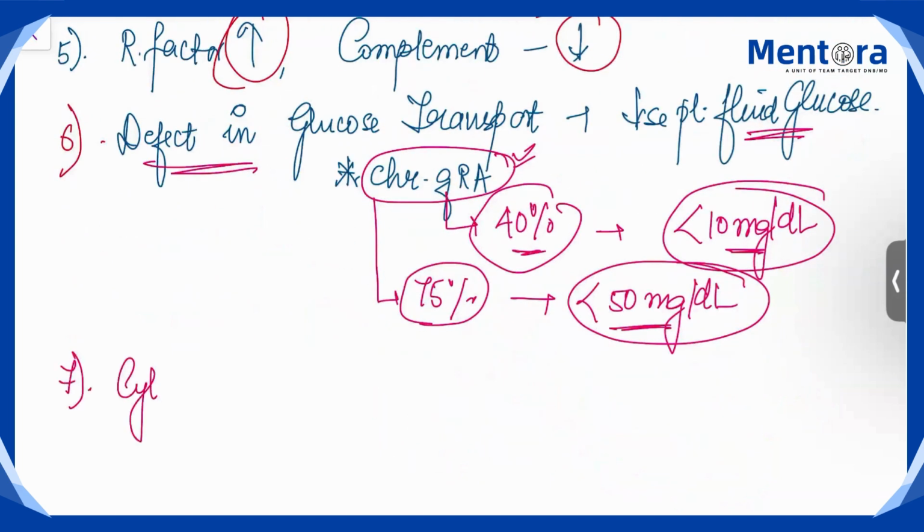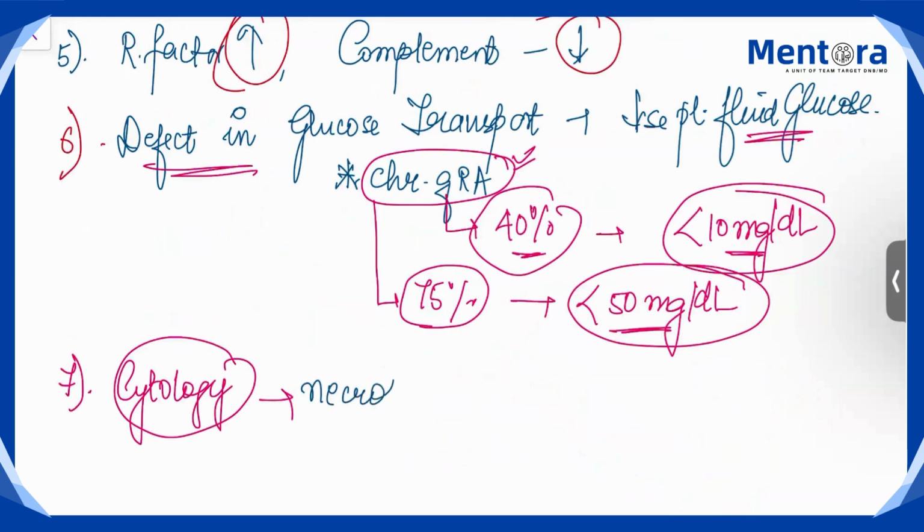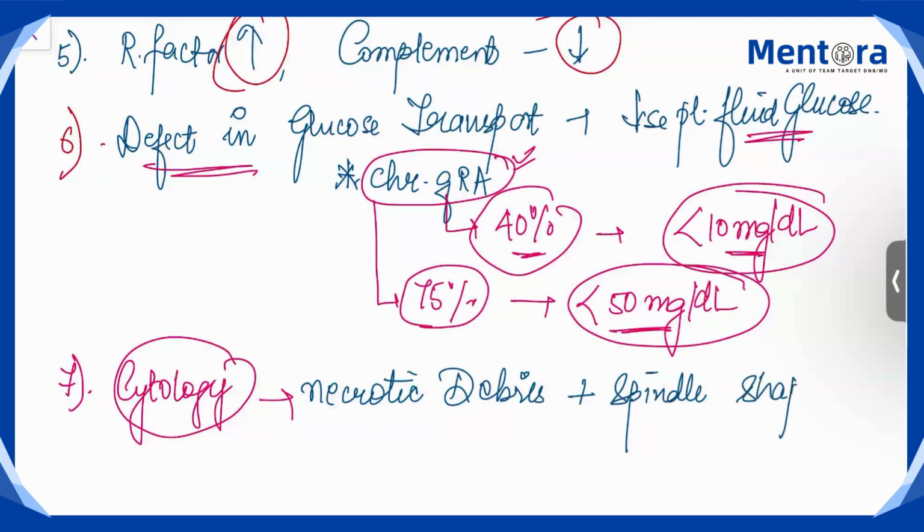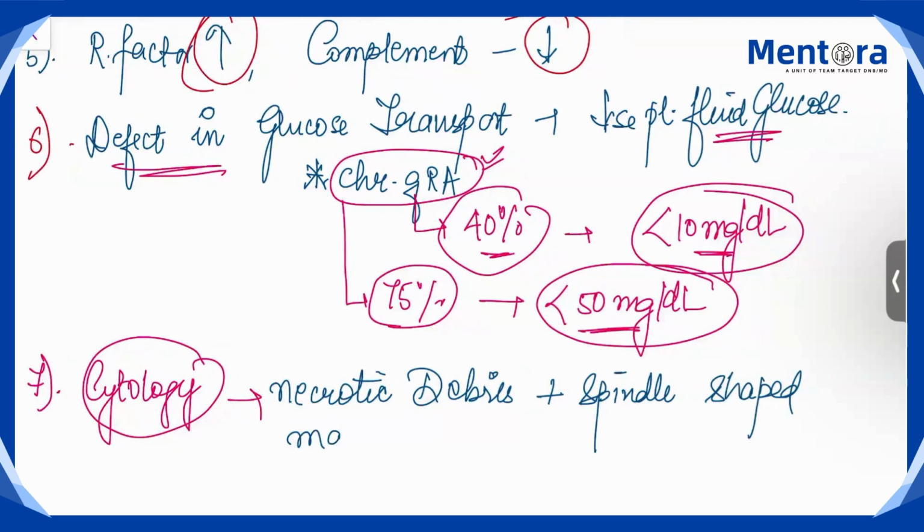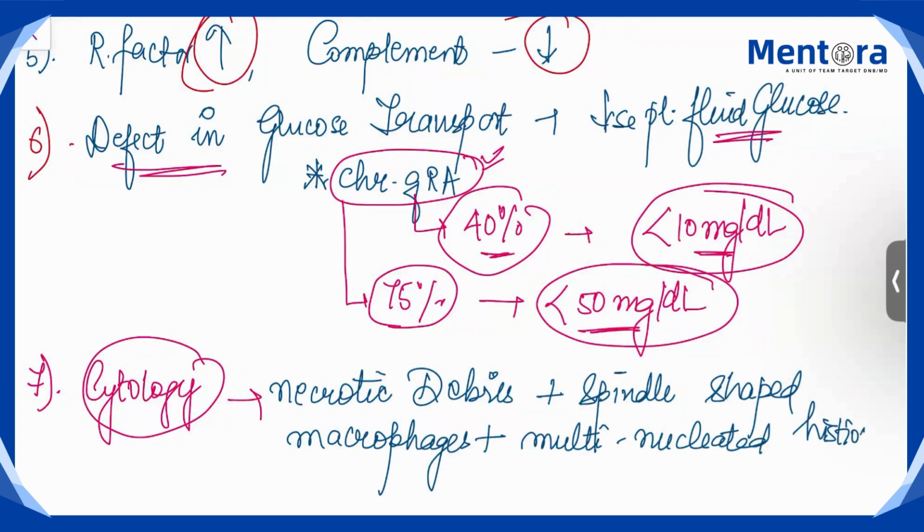When you look at the cytology of this pleural fluid, there will be necrotic debris. There can be spindle-shaped macrophages, and there will be multinucleated histiocytes.